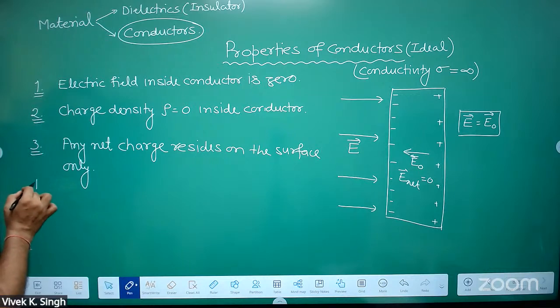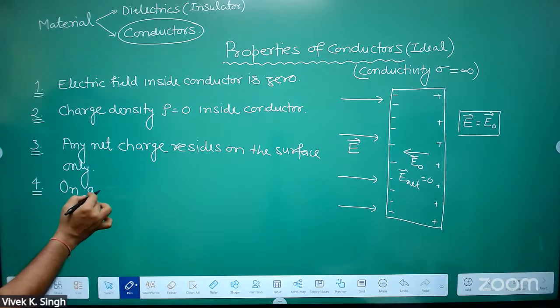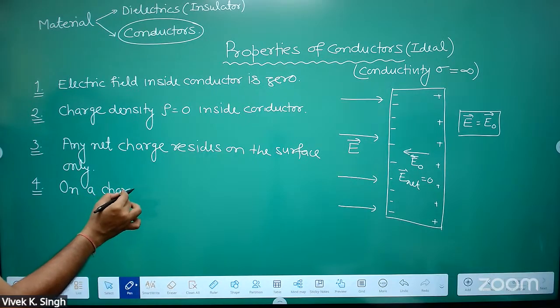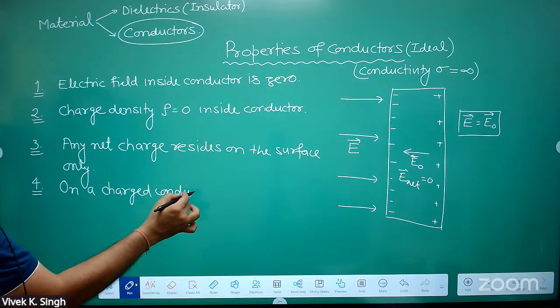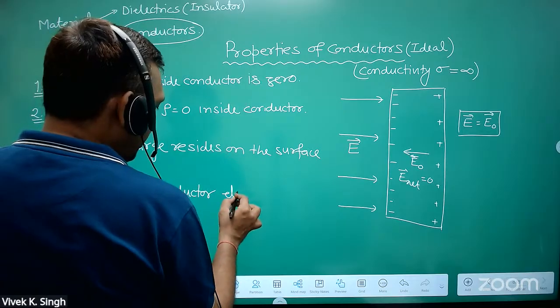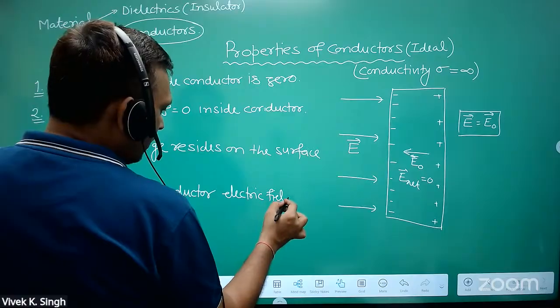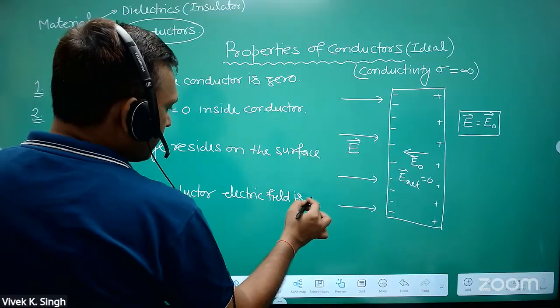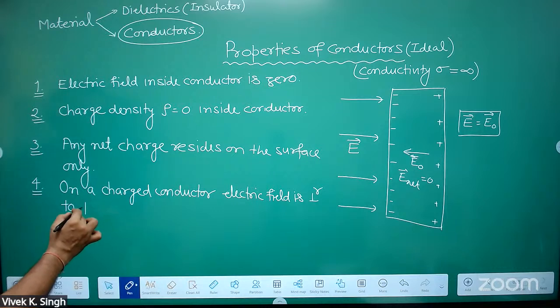And the fourth one is: on a charged conductor, the electric field is perpendicular to the surface.